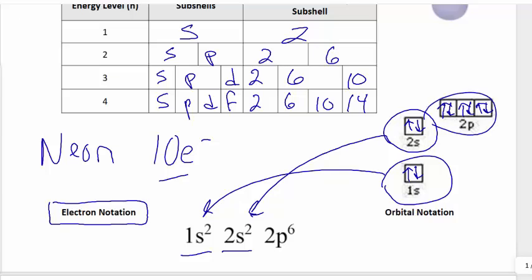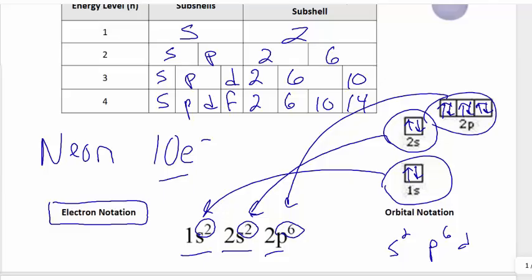And then for the 2p, there's 6 electrons, and so we write 2p6. So these are showing the same idea for neon with 10 electrons. And when you look at the superscript, that number tells you how many electrons are in that space. So S can have up to 2, P can have up to 6, D can have up to 10, and F can have up to 14. But if it's not filled, it's possible to have less.